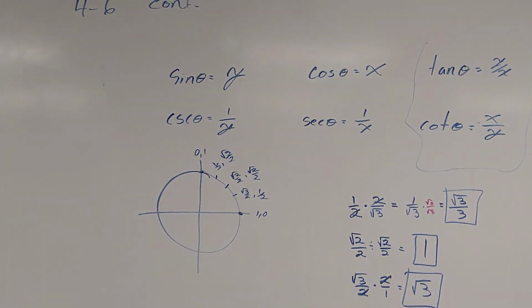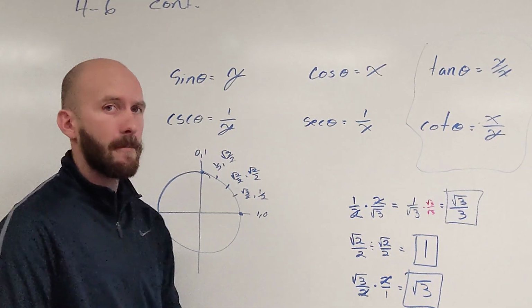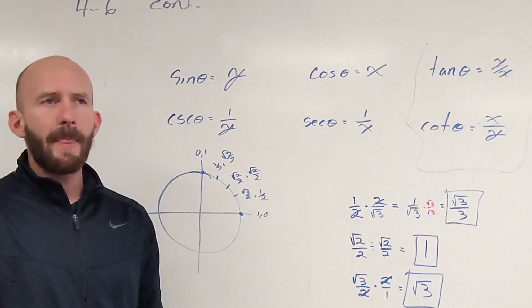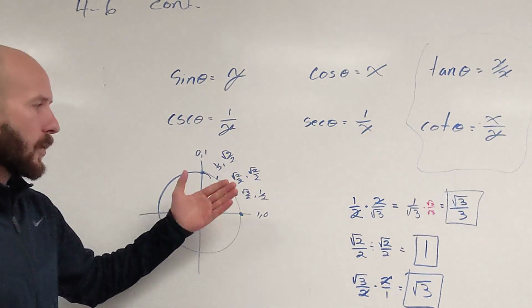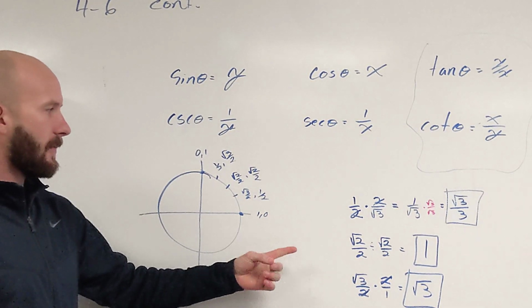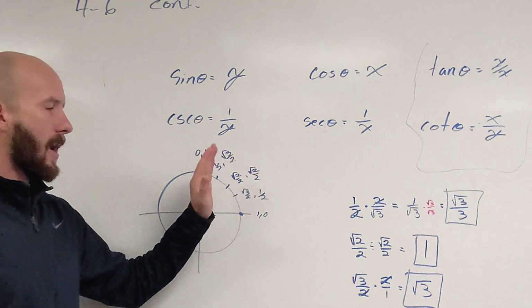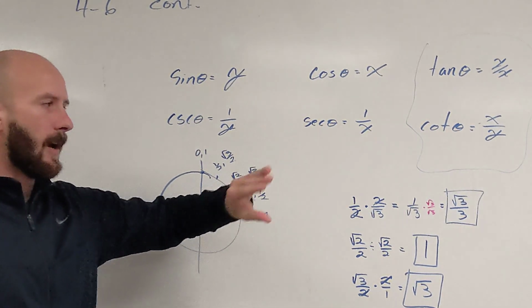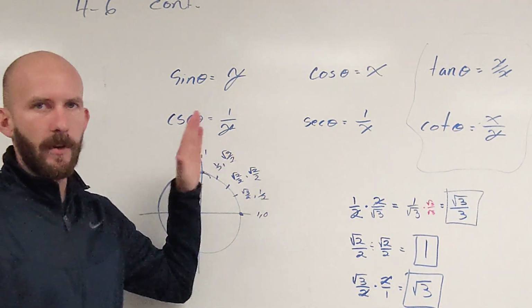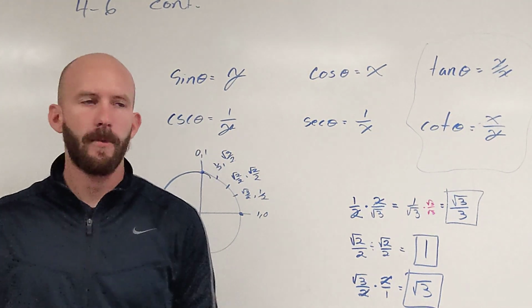Is everybody all right with that so far? I'm just dividing the y by the x. And this should be good for cotangent as well, because even if I'm doing x divided by y, I'm still going to end up with the same values, right? So this will help us, I just have to figure out what angle these are going to go with, okay?